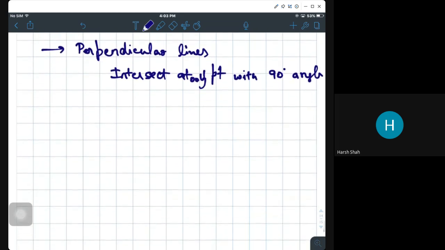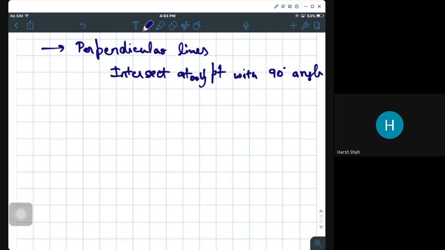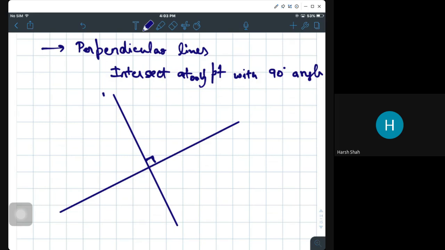That means if I have this line and I have this line, they will only intersect at one point with a 90-degree angle between each other. Now this is m1, this is m2, let's say. So I can say that m1 times m2 equals -1. This is the condition of slope imposed on them, right?